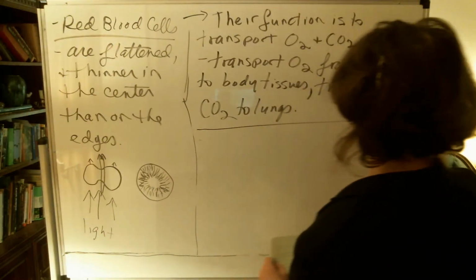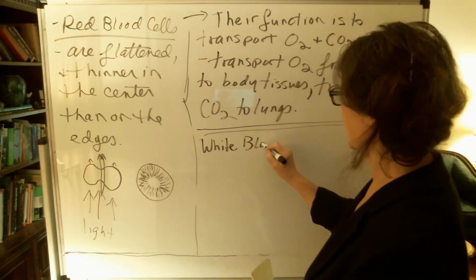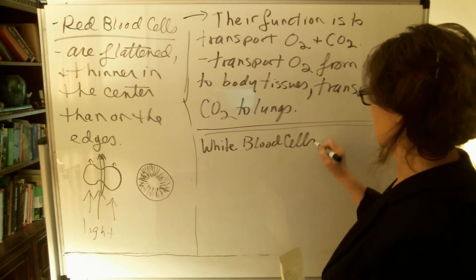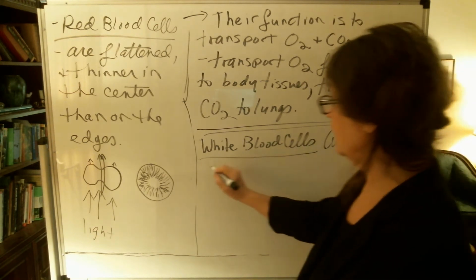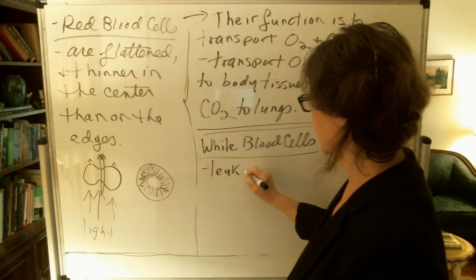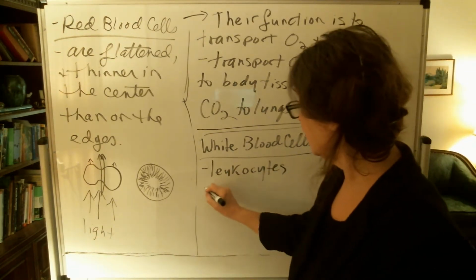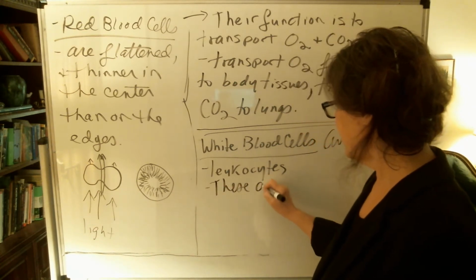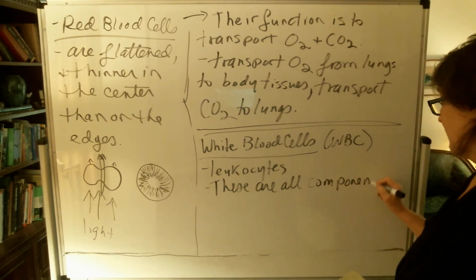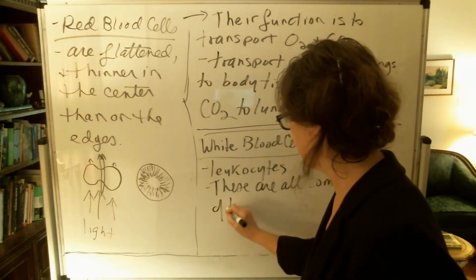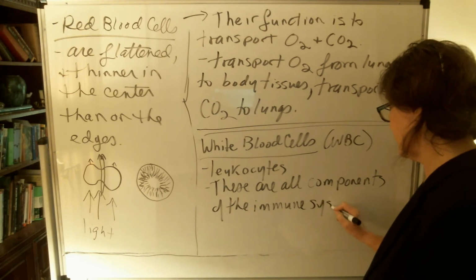Okay, so those are your red blood cells. Then we have white blood cells. You recall this may be abbreviated WBC, though their technical name is leukocytes. And these are all components of the immune system.